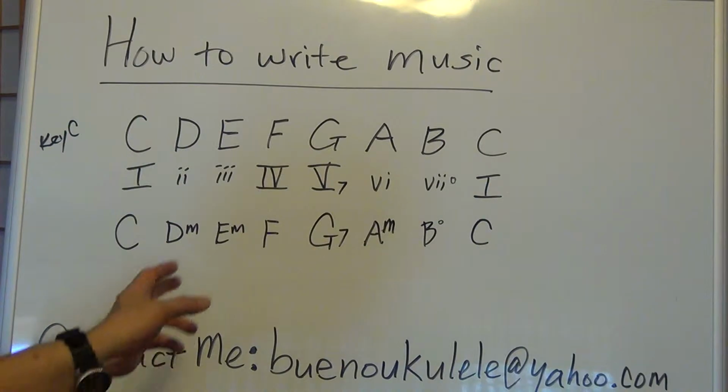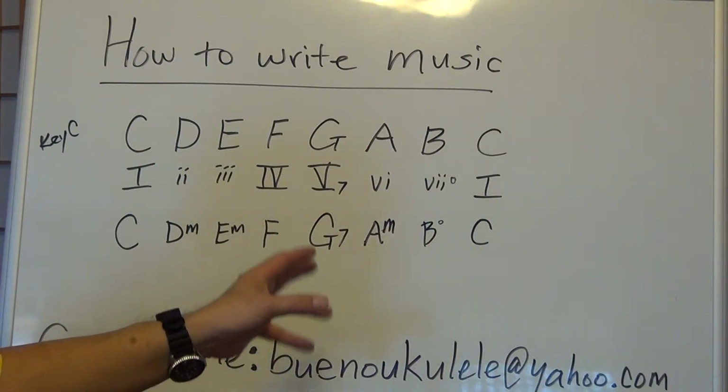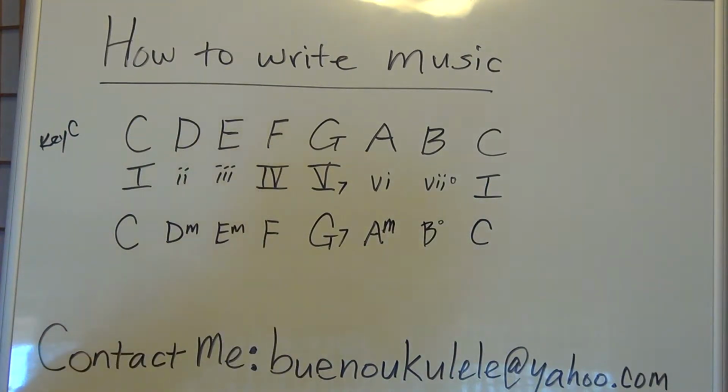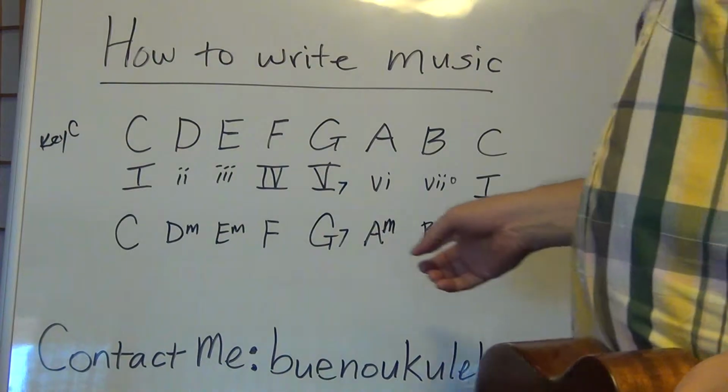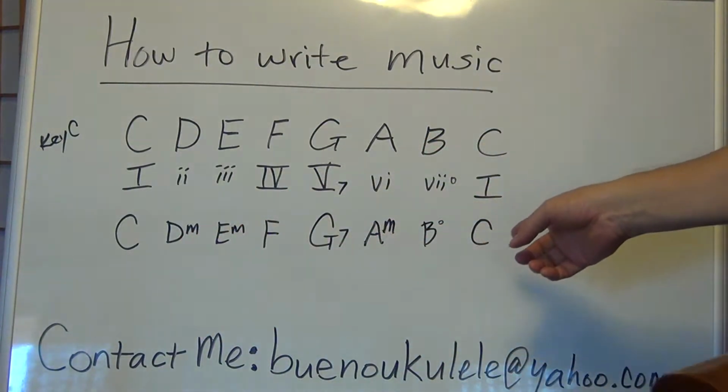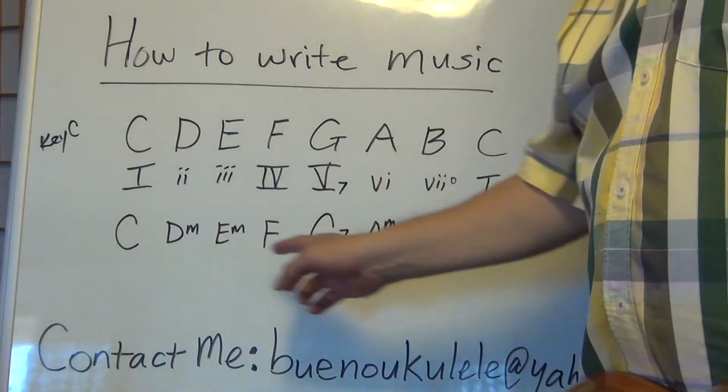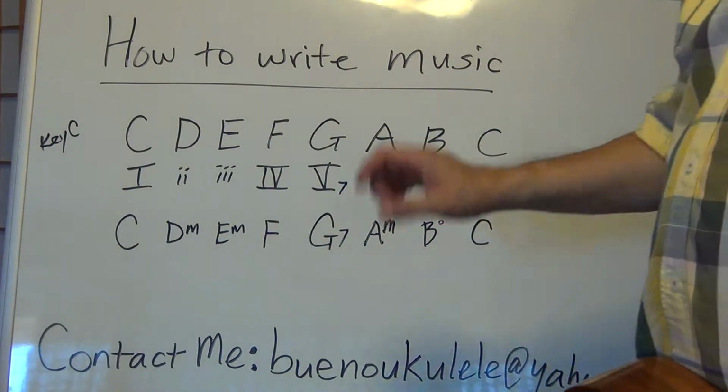So in the key of C, these would be the chords that you could use to construct your song or music. And the chords can be written or arranged in any order, any pattern that you want. Okay? So it's important that you realize that the chords for the key of C all fit in that key.